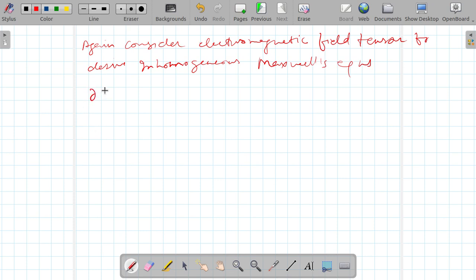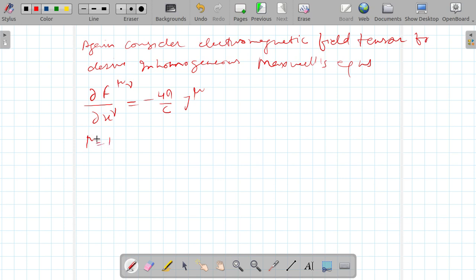So ∂F^{μν}/∂x^ν is equal to... sorry, it's not in this form. ∂F^{μν}/∂x^ν is equal to −4π/c J^μ.